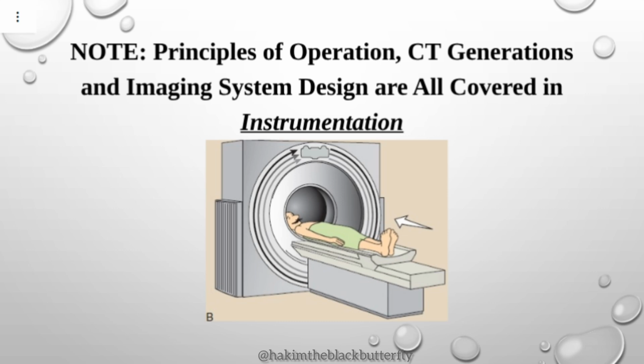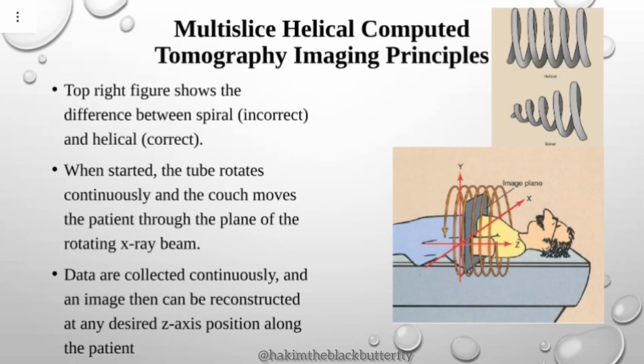Maybe you don't have the seventh yet, but it's also there. And there's also a newly approved CT. It was approved last year and it is in operation. I don't know whether it will be called the 8th generation, the photon counting CT. So those generations were covered in instrumentation.